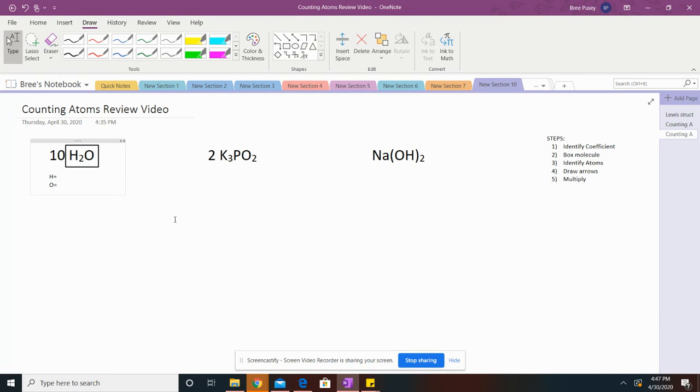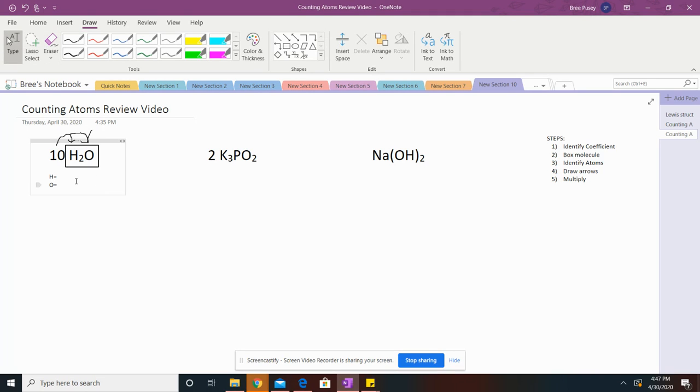So next, draw arrows. All right. So let's see. I know that this 10 is going to go to the H, and it's going to go to the O. Arrow, sorry.